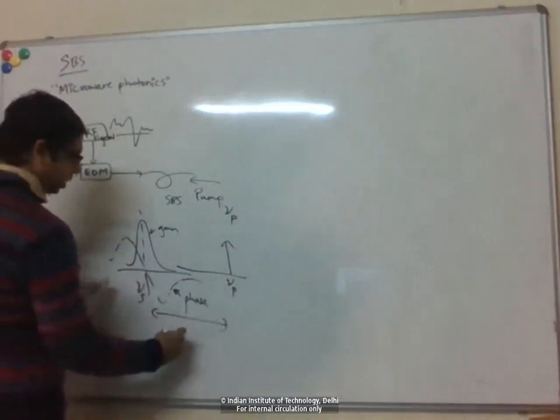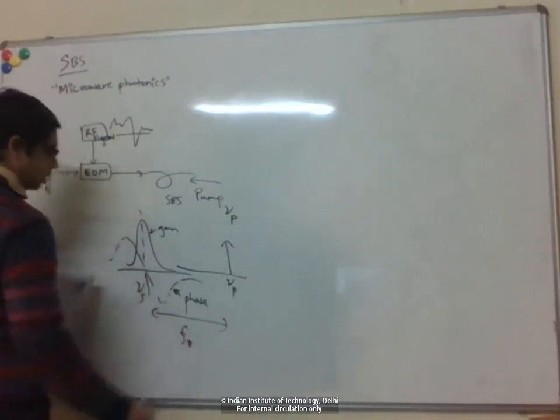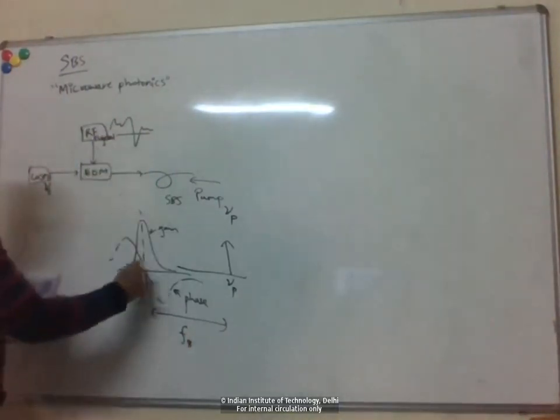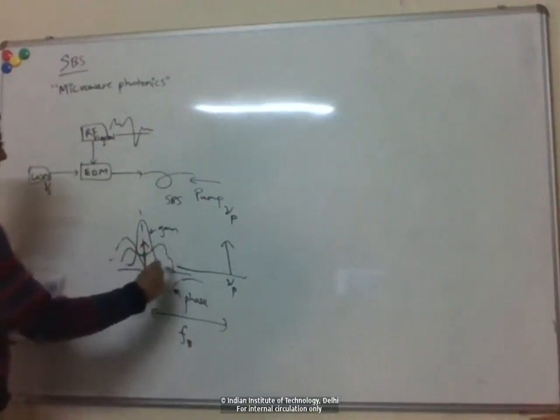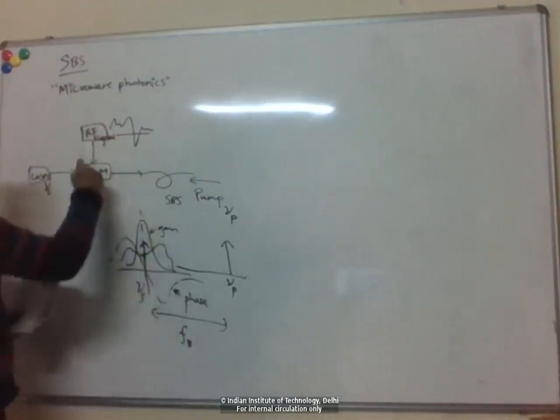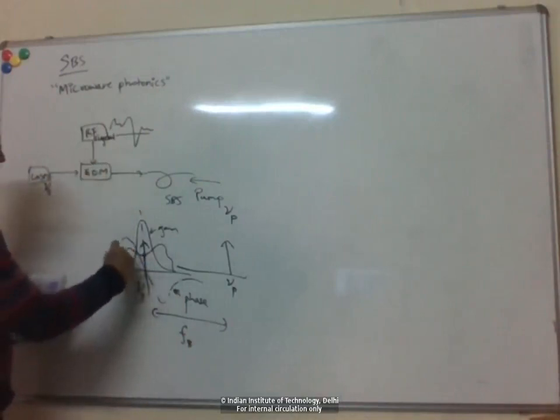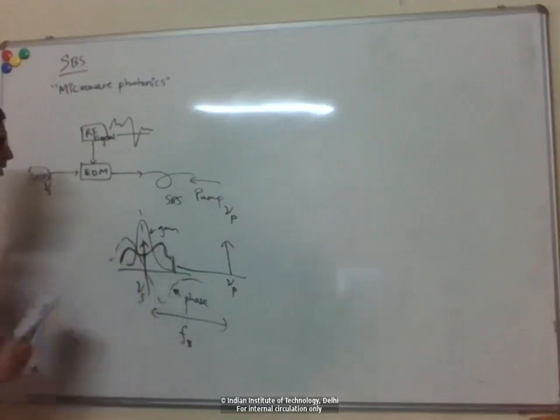The difference here is the Brillouin frequency. Then around ωs, you modulate your optical signal, so you have the RF signal that you want to process centered at ωs.